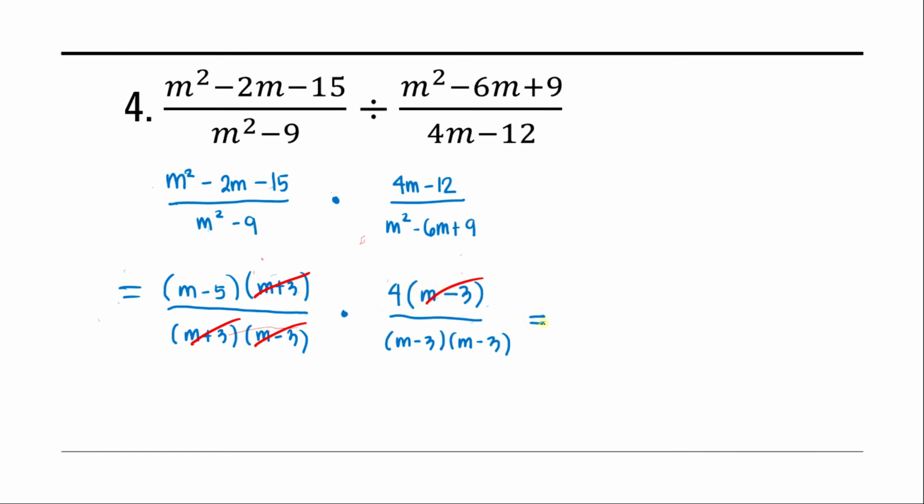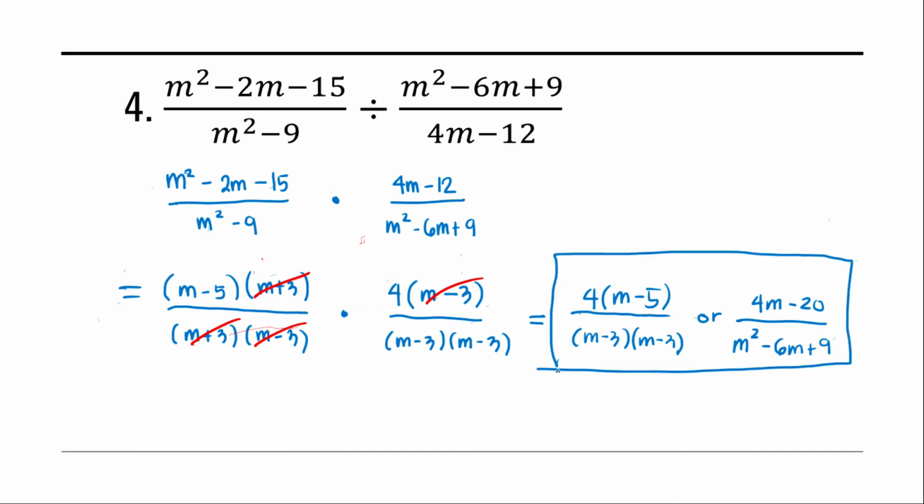So, now we have 4 times m minus 5 over m minus 3 times m minus 3. Or, the answer is 4m minus 20 over m squared minus 6m plus 9. And that's it.